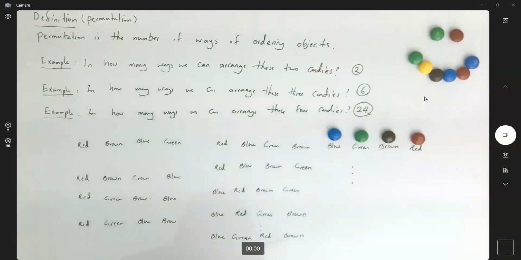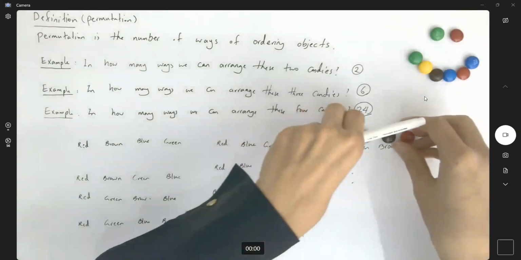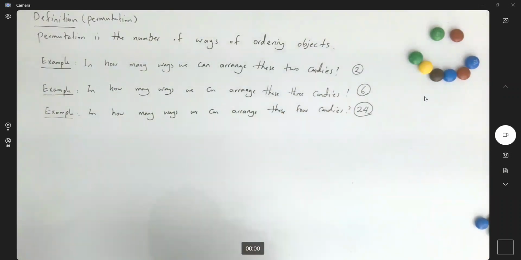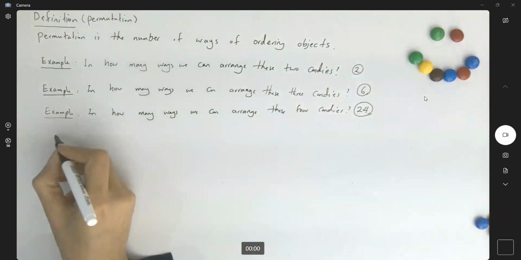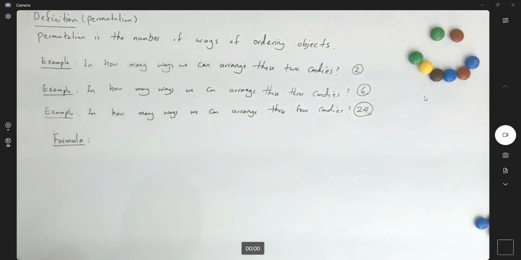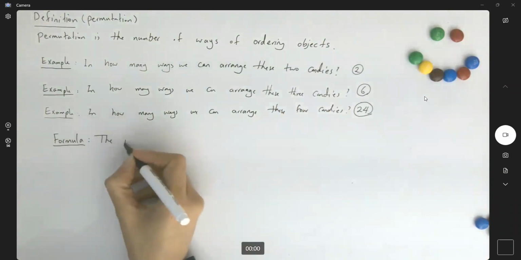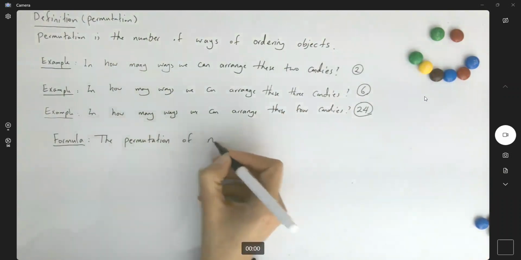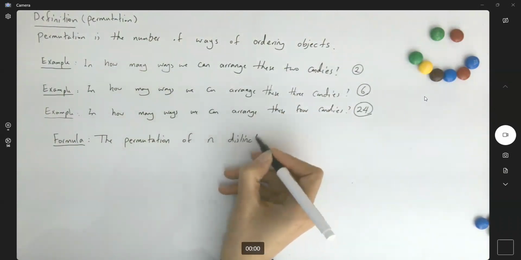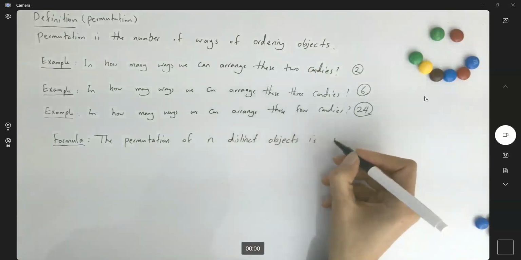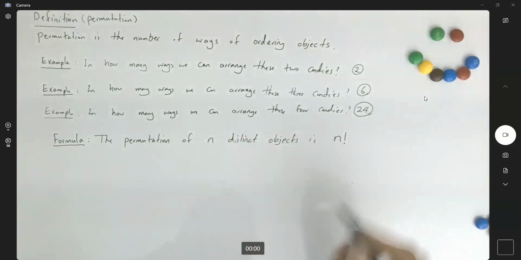So mathematicians came up with the formula. The formula is n factorial. The permutation of n distinct objects is n with an exclamation mark next to it, and we read it as n factorial.